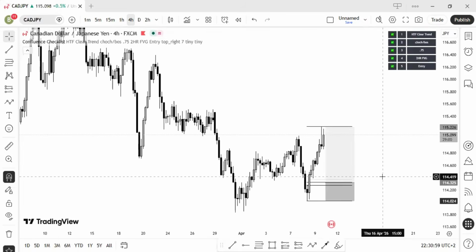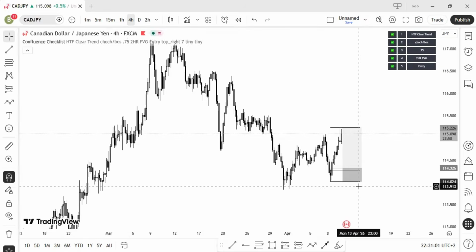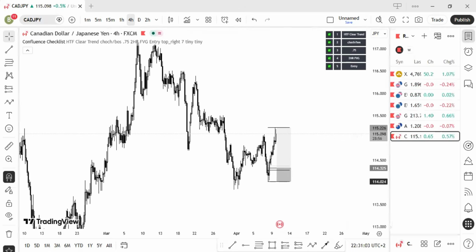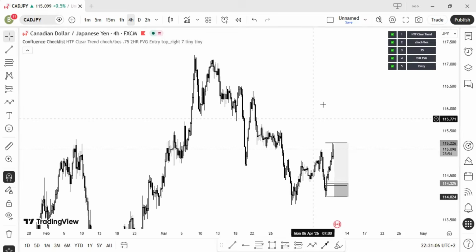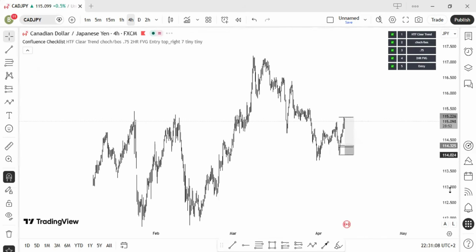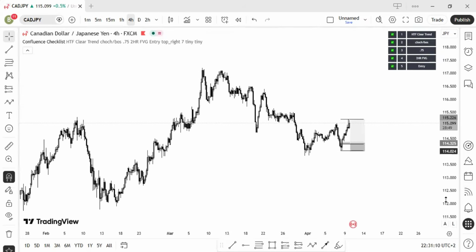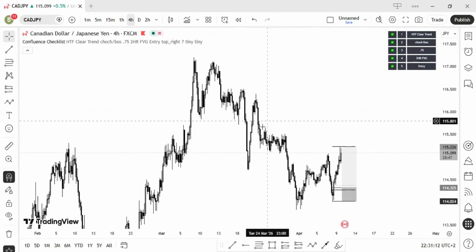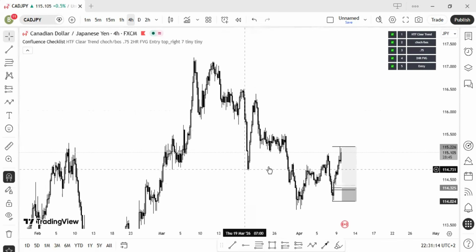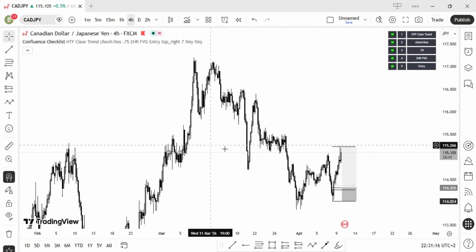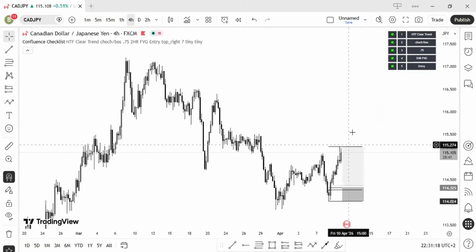And then we have CAD JPY. Okay, so looking at CAD JPY, we did have a couple of breaks of structure to the downside, creating lower highs, lower lows.